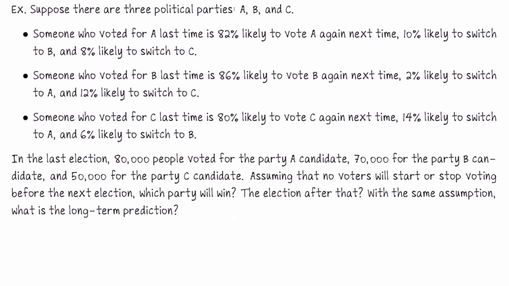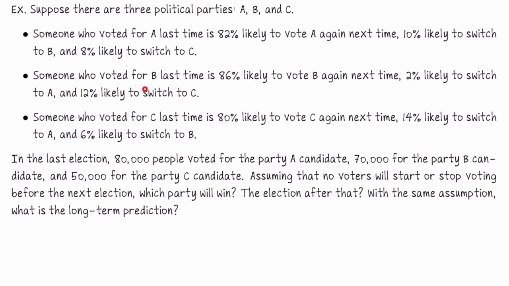Let's say that someone who voted for Party A's candidate last time is 82% likely to stay with A for the next election, 10% likely to switch to B, and 8% likely to switch to C. So that adds up to 100%. We don't have any other political parties, and we're also assuming that they're not going to not vote.